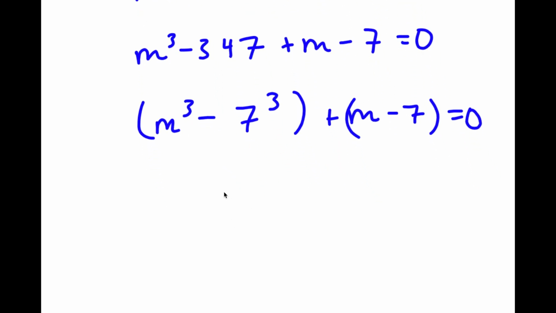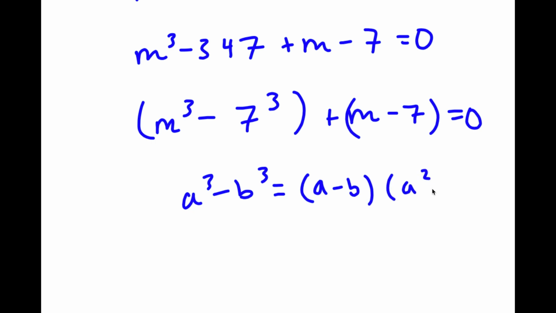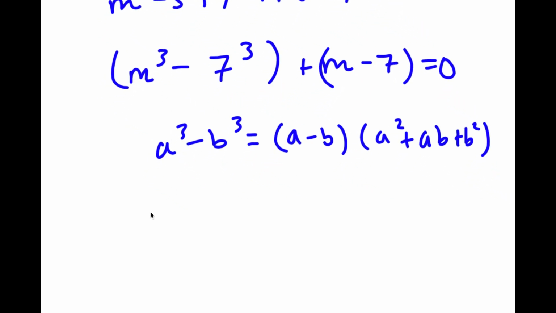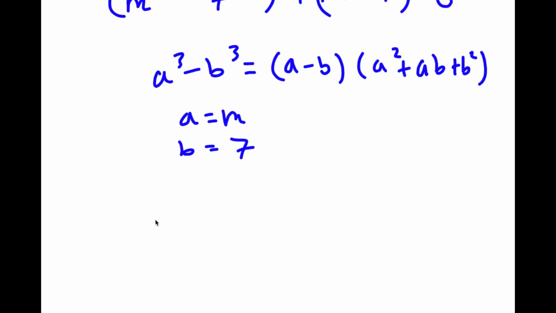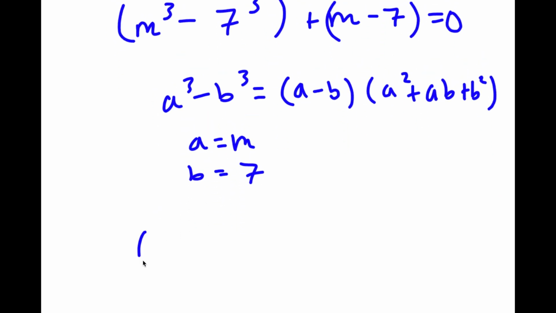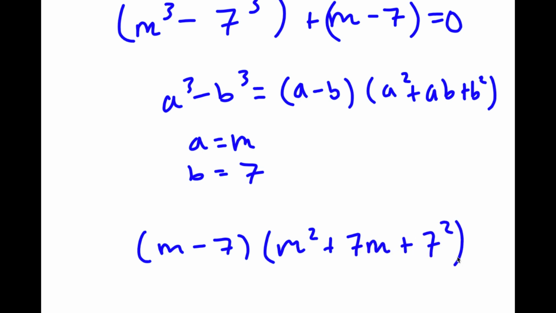Now, if I have something in the form a to the power of 3 minus b to the power of 3, this is the same thing as a minus b times a squared plus ab plus b squared. So in this case, a is m and b is 7. So I have m minus 7 times m squared plus 7m plus 7 squared.